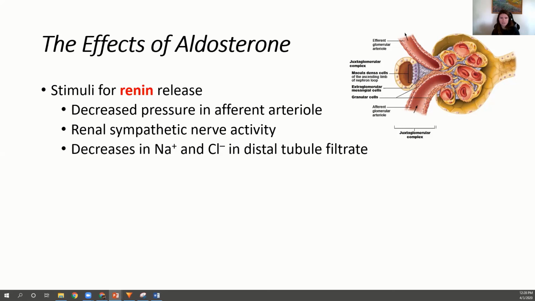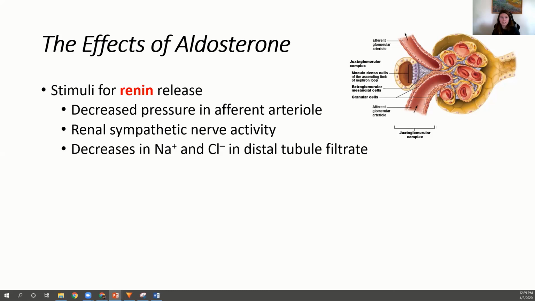And we're going to release renin for a couple of different reasons, some of which have to do with intrinsic factors and some of which are extrinsic factors. So we are going to release renin in response to blood pressure itself, really.